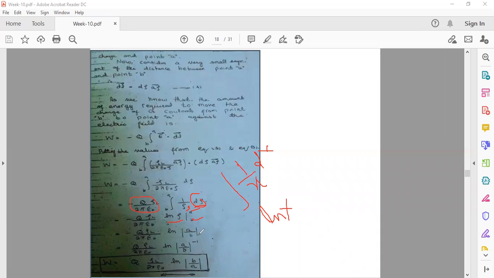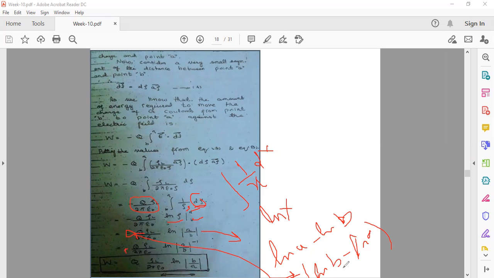So if you want to remove this minus, we can write this as ln of A minus ln of B. Taking minus common, we can write minus, ln of B minus ln of A. So this minus will be cancelled out with this minus; minus into minus is plus. So the answer will be in terms of plus.